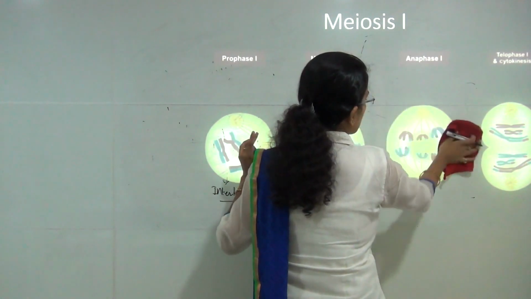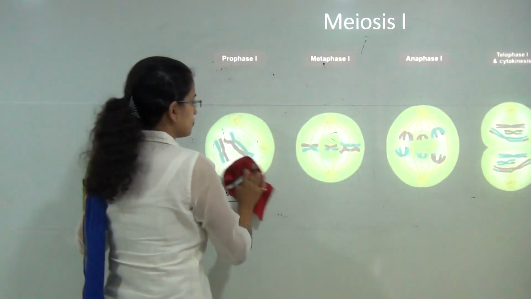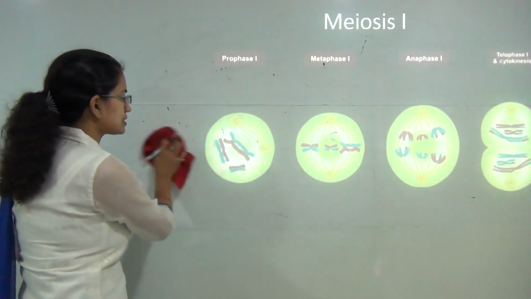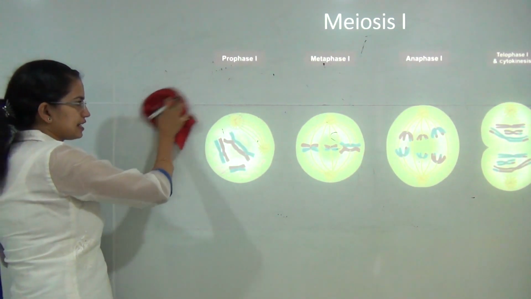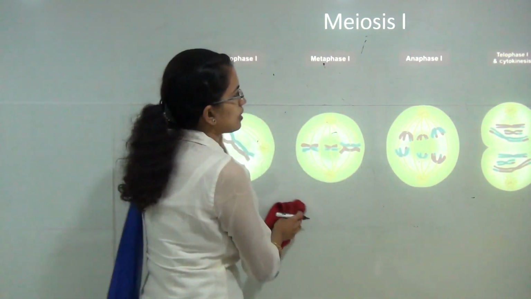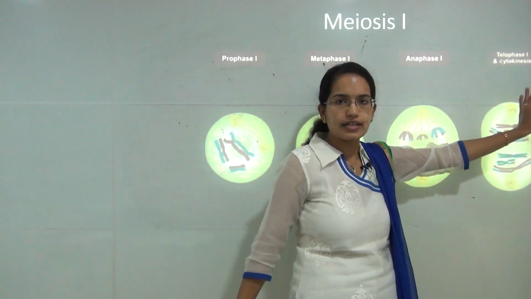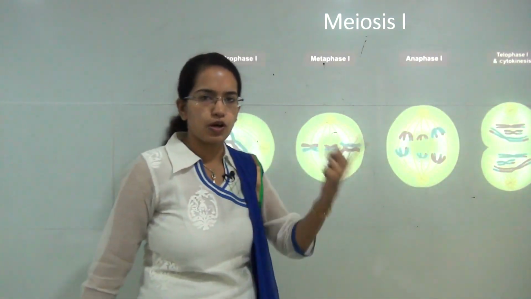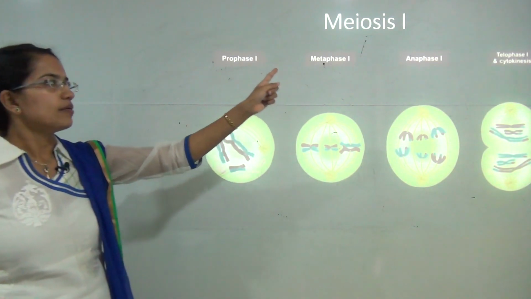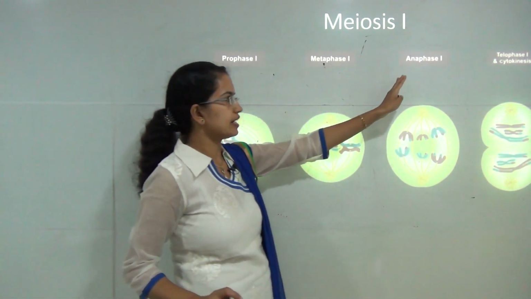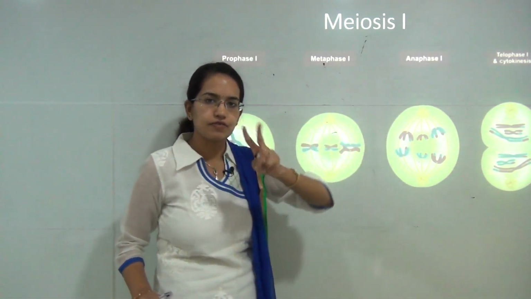Telophase and cytokinesis in meiosis 1 would occur more or less together. In certain cases where telophase 1 does not occur, prophase 2 would also not occur, so you might have anaphase 1 directly moving on to metaphase 2.